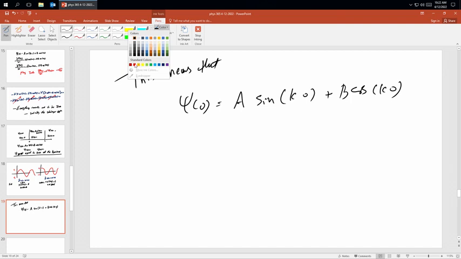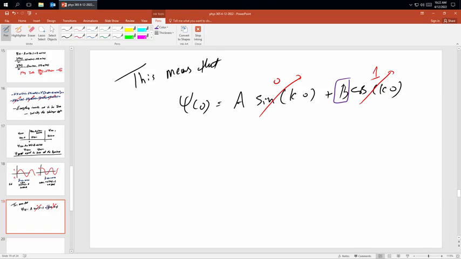You with me so far? Which we said this is going to be equal to what? Is going to equal to 0, right? And this is going to equal to what? To 1. Well, if that's true, in order for psi 0 to equal to 0, that means if cosine 0 equals to 1, that means this little fellow over here, right?